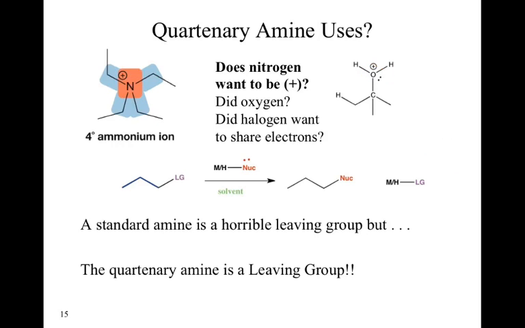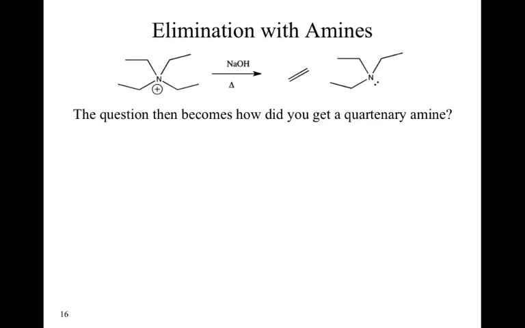What does that mean for us? We can now potentially use it for substitution. Maybe that gets challenging. But we could also use it for elimination. So, if we get that quaternary amine, add some base and heat, the two big signs for an elimination, we now can run through our elimination reaction. Phenomenal, super happy, everyone can go home.